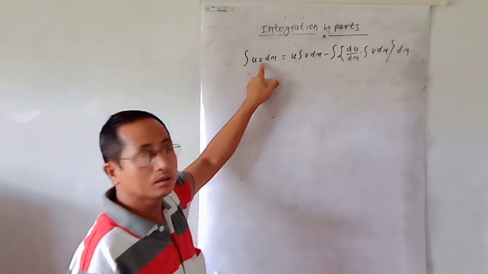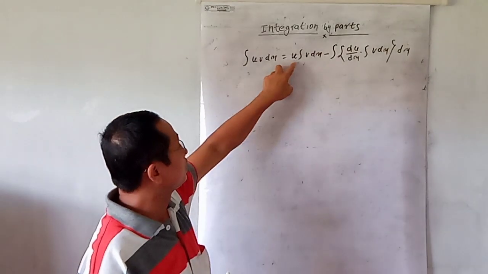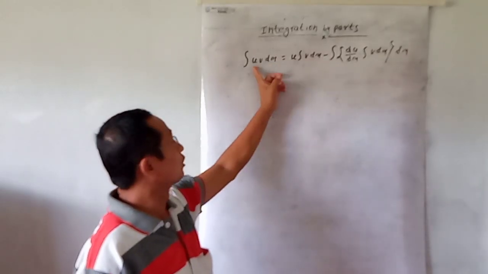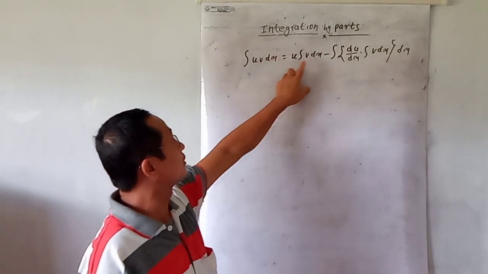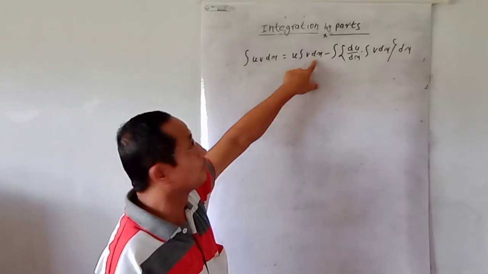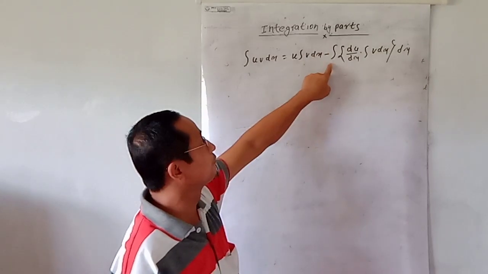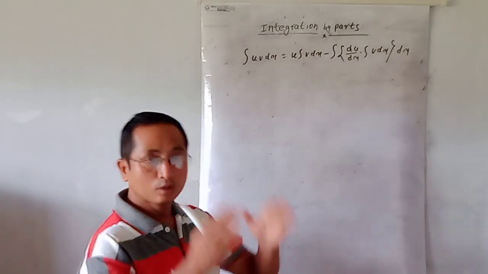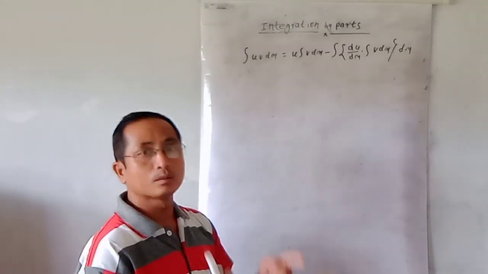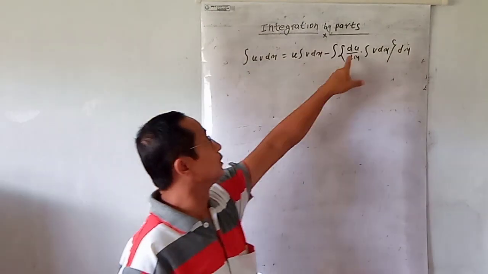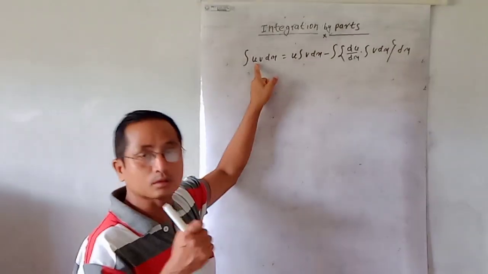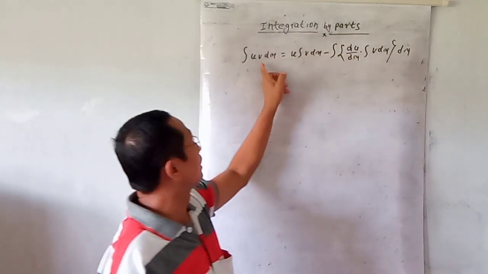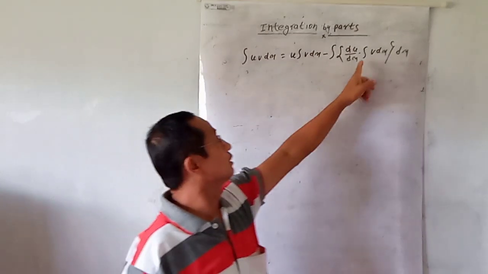In this very condition, the integration is u into the integration of v dx, that is, the first function multiplied by the integration of the second function, minus the integration of the curly bracket, the product of the derivative of u, that is du by dx, the derivative of the first function, into the integration of the second function, integration of v dx.